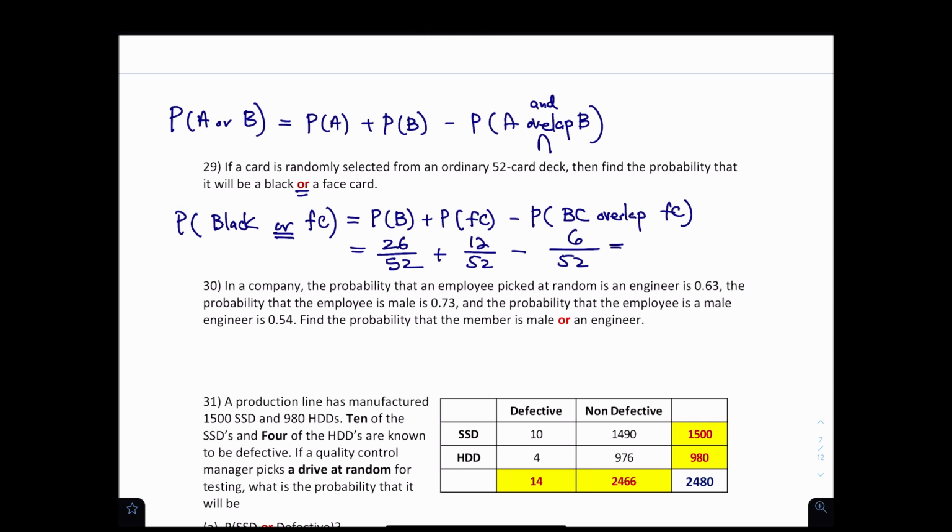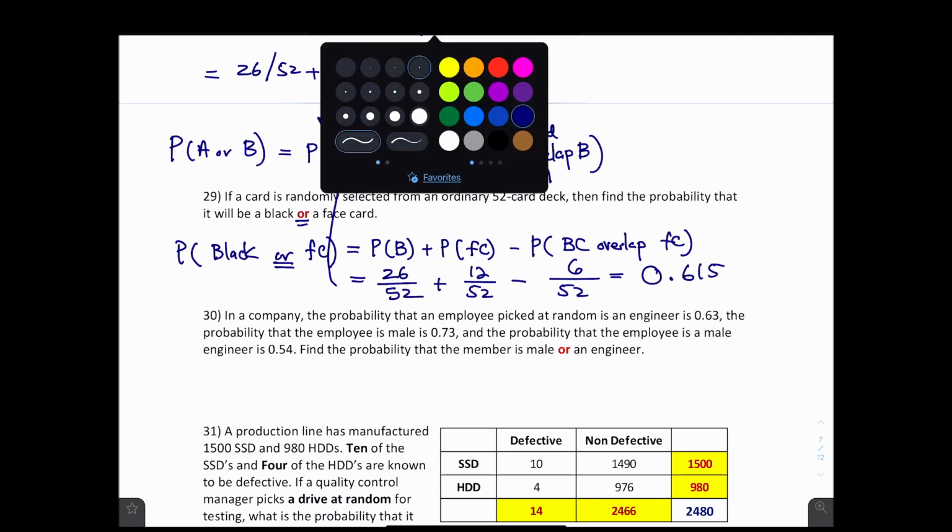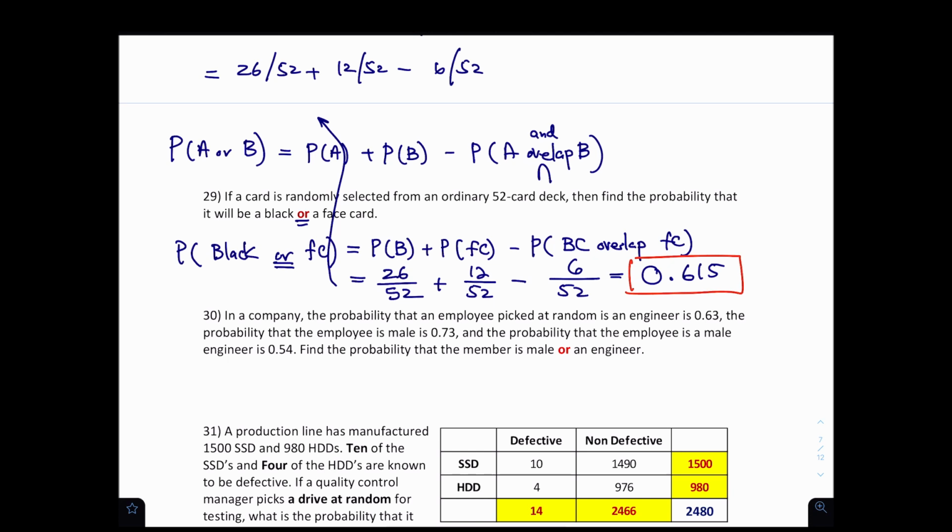If you type this in Excel, just type what you see: equals 26/52 plus 12/52 minus 6/52, and press enter. The answer is 0.615, so about 62%. Excellent.